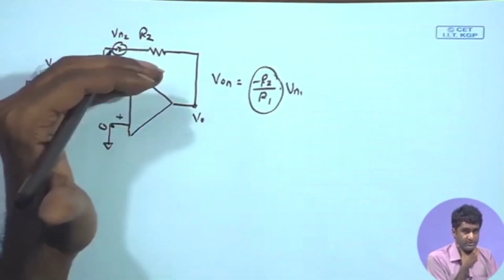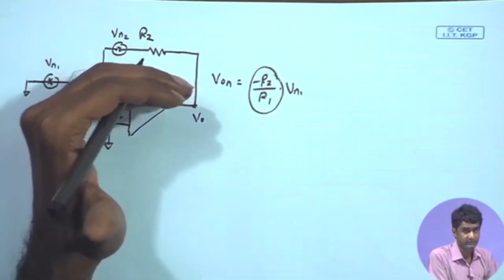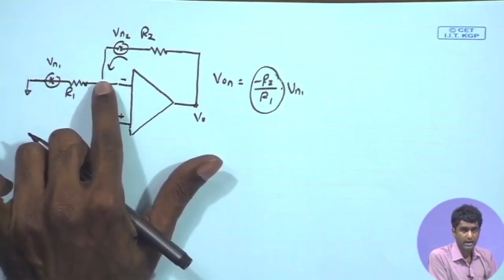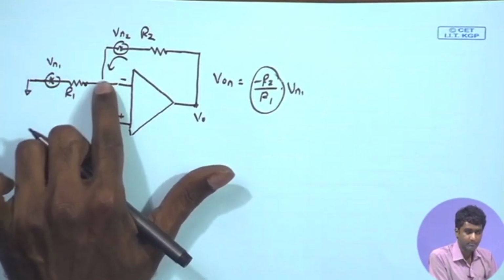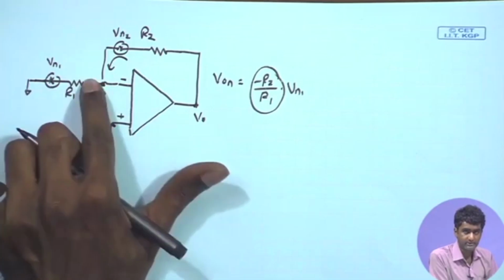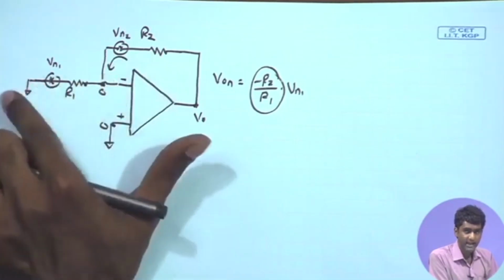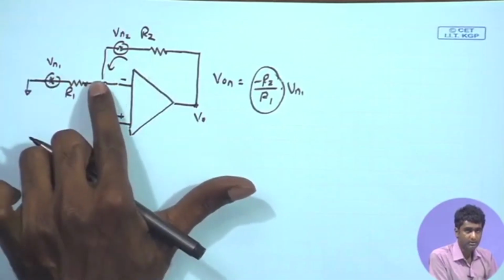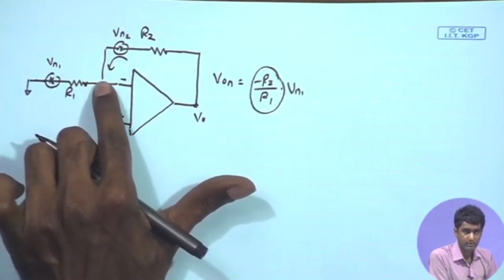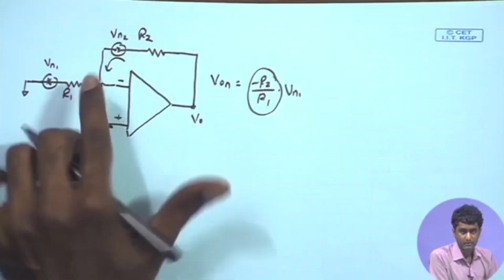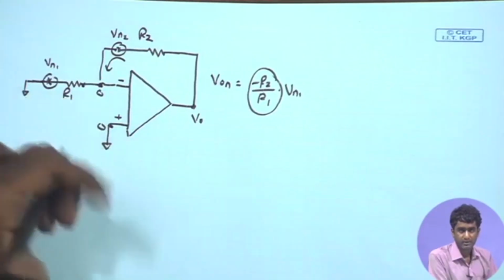Right now, I am not saying whether it is a current signal or a voltage signal; it is producing an effective signal which goes into the input node, and it gets mixed at the same node where the input signal is coming. Whenever there is a combination of feedback signal and input signal at the same terminal, there is a shunt connection, and we know that it is going to be a current mixing, because current mixing happens at the same node. If you have to subtract voltage, then it happens at different nodes.